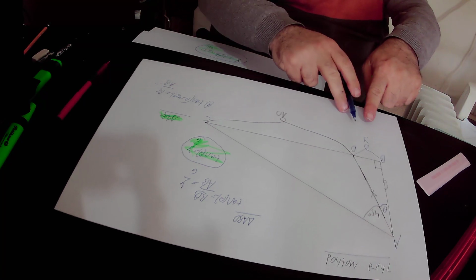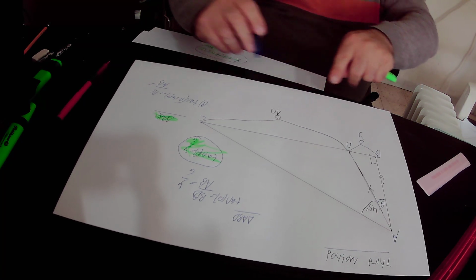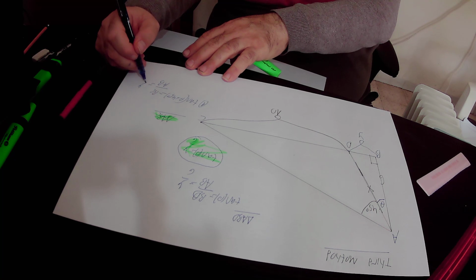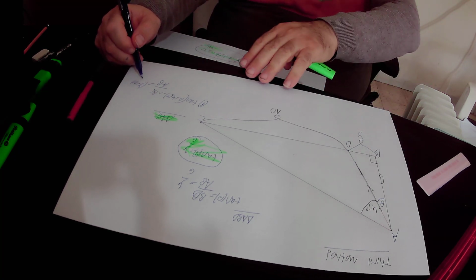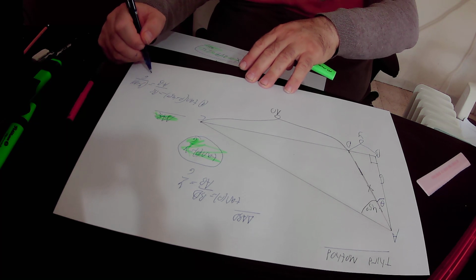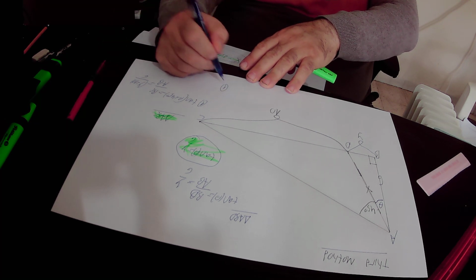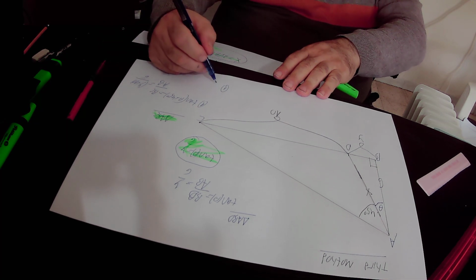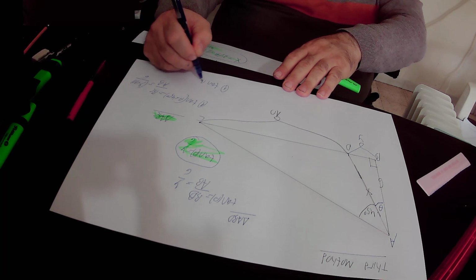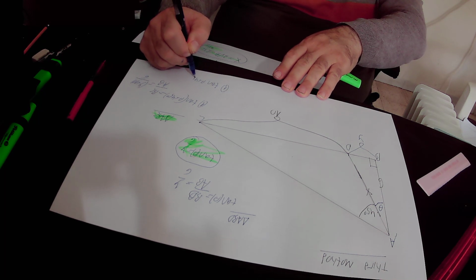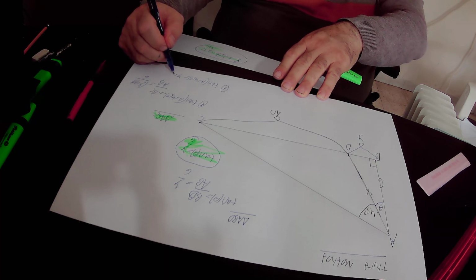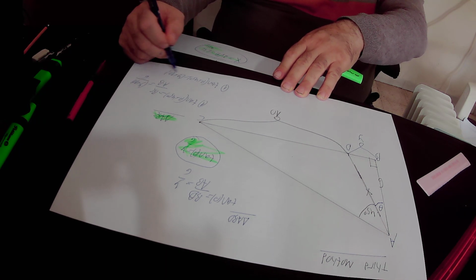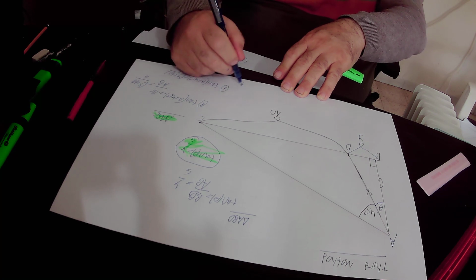BC equals Y plus 10, and AB equals 6 according to what is given in the question. So in conclusion, according to equation number 1, tangent of theta plus 45 degrees equals Y plus 10 over 6. Okay?